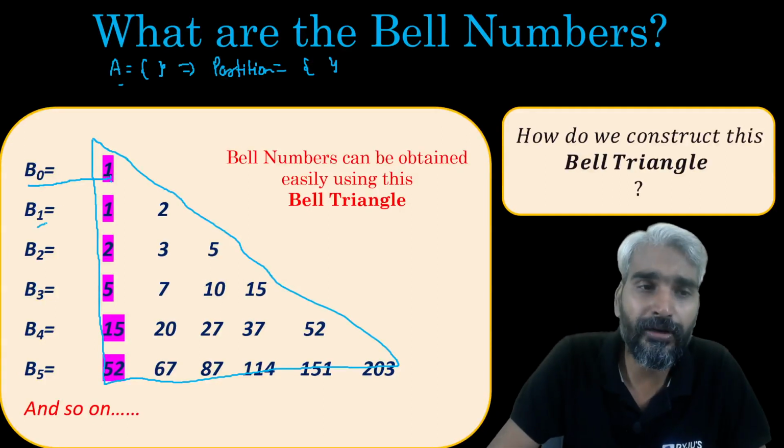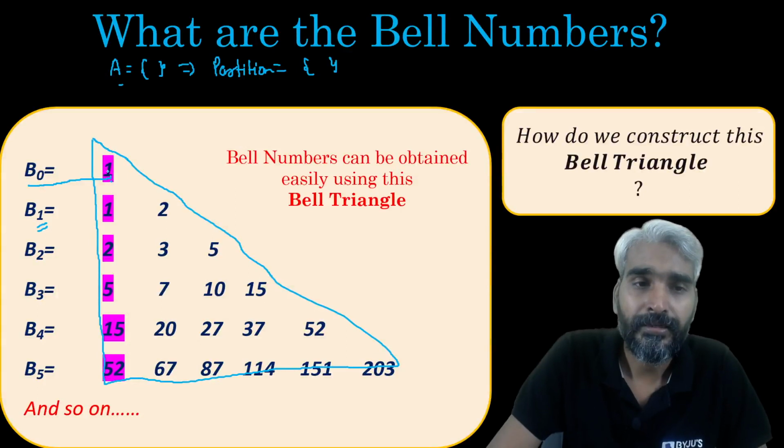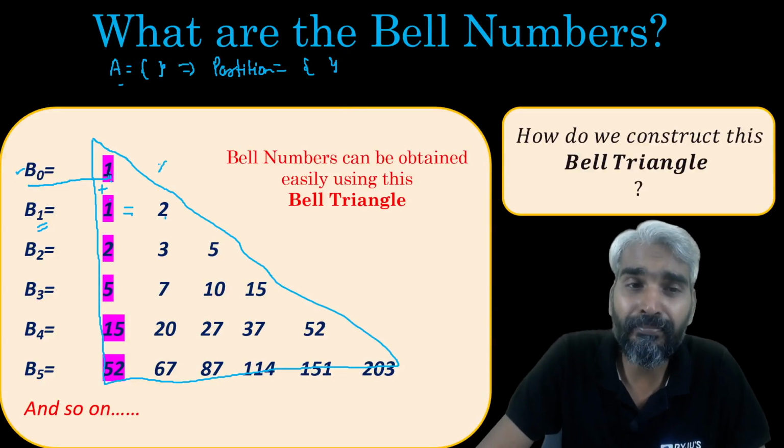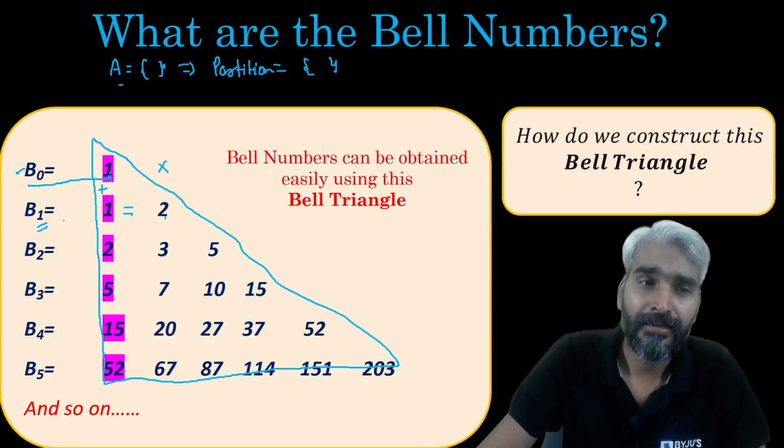If you want to calculate the Bell number B1, you start with the last number in the previous row. The last number in row B0 is 1. So start with 1, add the new number: 1 plus 1 is 2. Is there any number above 2? No. So we are done, and the Bell number B1 is given by this 1.